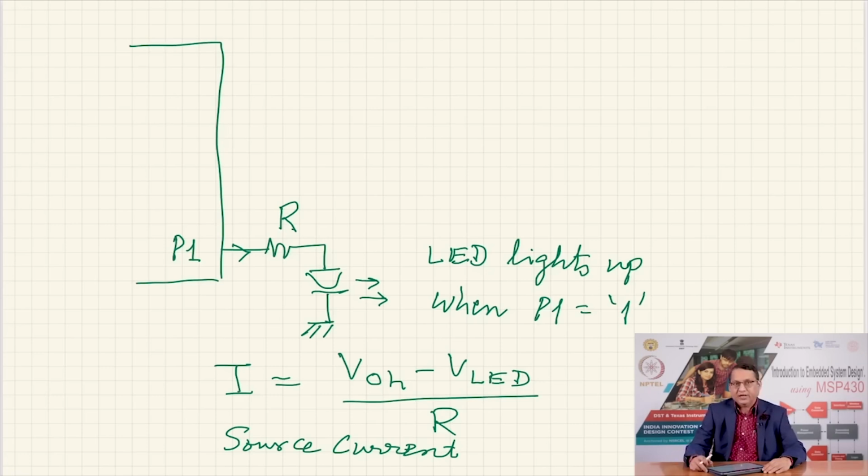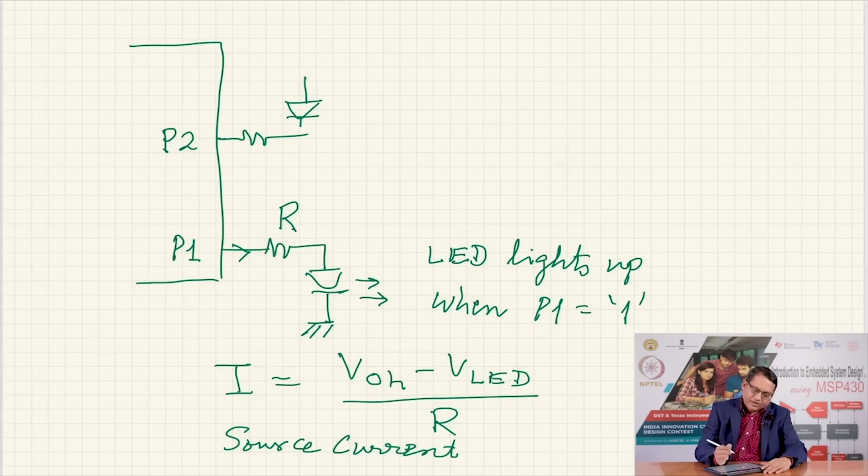There is another way to connect this LED, and this is the method. Let us say I have another pin P2, I connect the resistor exactly like that, but now reverse the LED. Instead of the anode of the LED connected to this resistor, I connect the cathode, and on the anode side I connect it to VCC, which incidentally is also the VCC of this microcontroller, and there is a ground also.